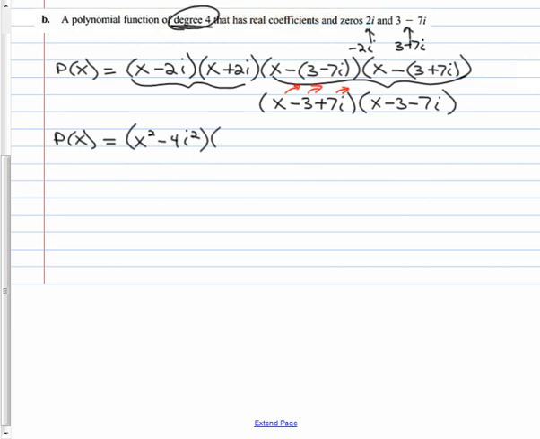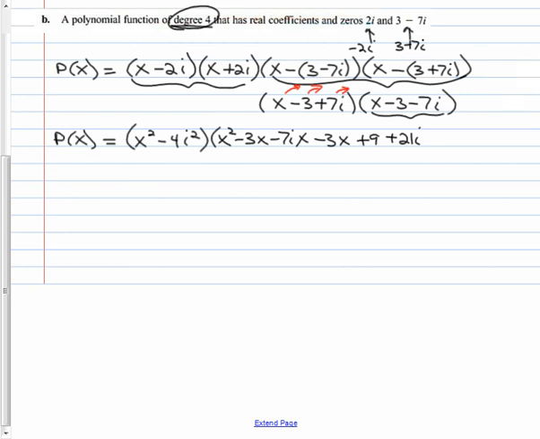So my next one, distributing the x times all three of these: x squared minus 3x minus 7ix. Then taking my negative 3 and distributing, minus 3x plus 9 plus 21i.